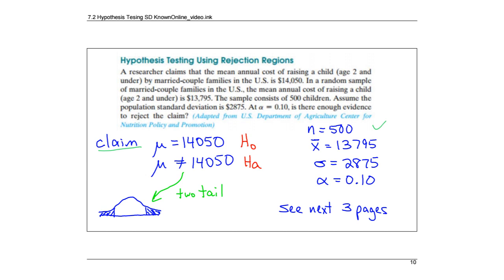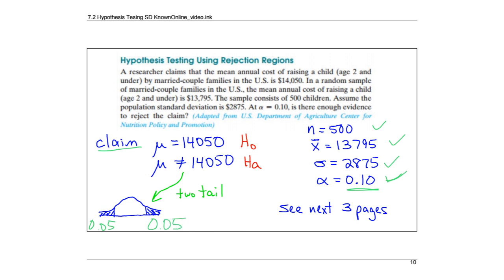We have our sample size, we have our sample mean, we have our population standard deviation, and finally we have alpha. Now, by having an alpha and a two-tailed test, remember we have to split up this 10%. And so we're going to have 0.05 on this side, and 0.05 on this side.